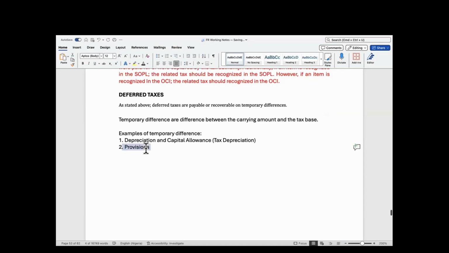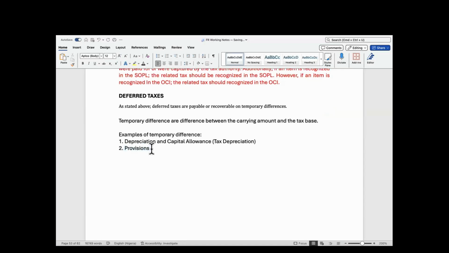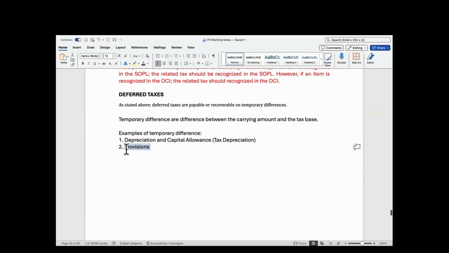So this provision, even though the taxman will not capture it as a deduction for tax, we need to consider the tax implication of it. That's why we call the tax implication of such items arising from temporary difference deferred tax.